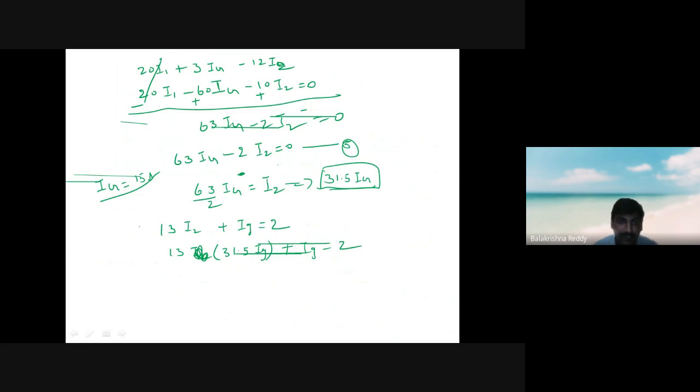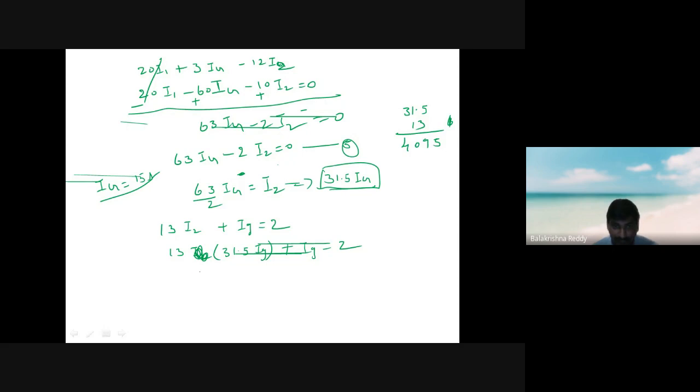Now 13 into 31, how much? 13 5s are 65, 6. 13 1s are 13, 19. So 9. 13 3s are 39, 13, and 40.